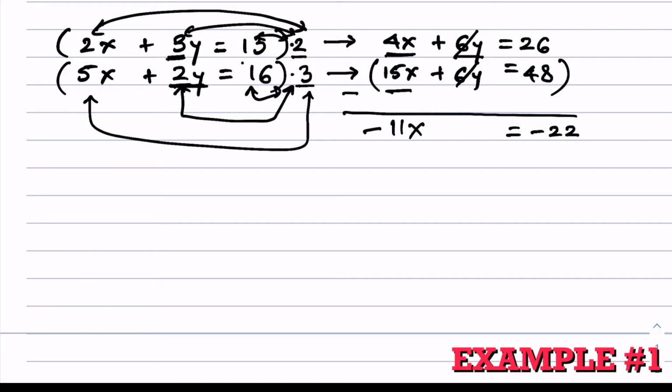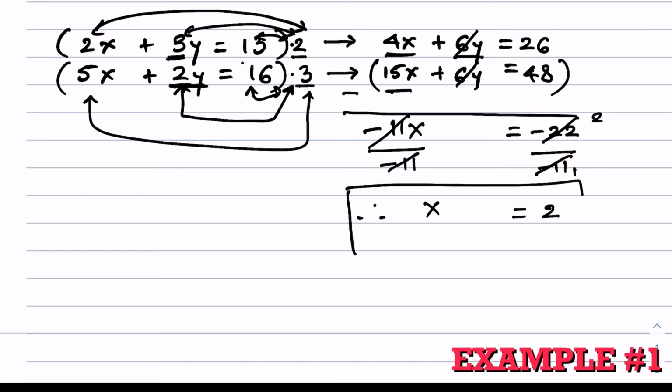Now I divide both sides by minus 11, again the division property of equality. On the left side I get x, and on the right side I get 2, because minus 11 times 2 is minus 22. So this is where I get my first value, which is x.